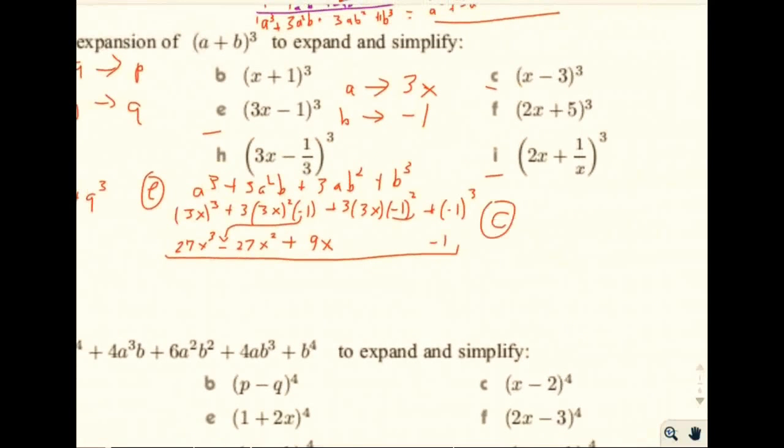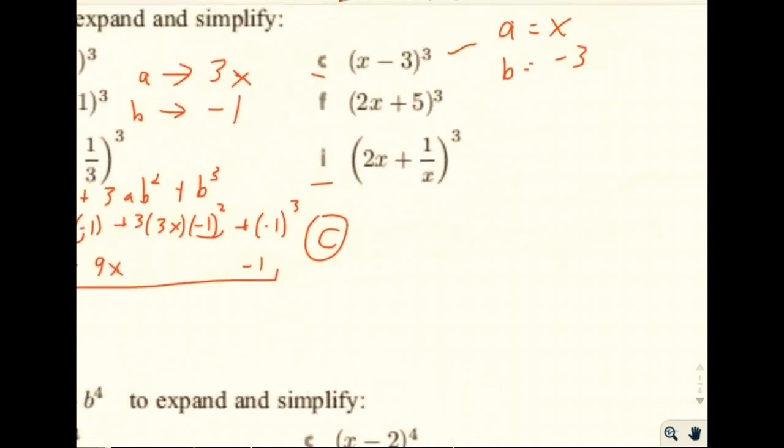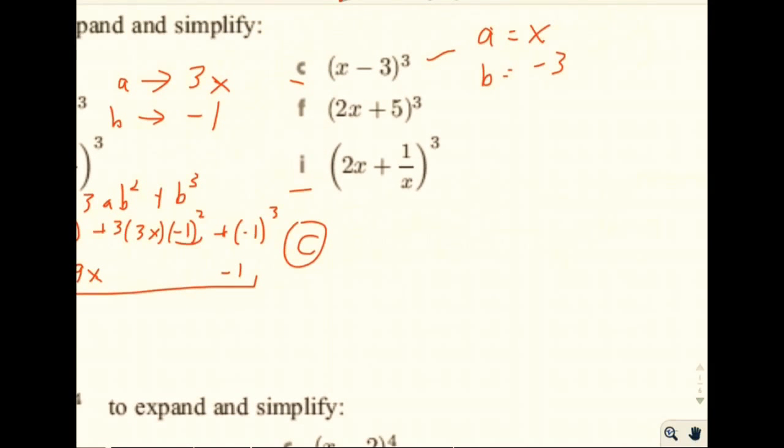What about c? In this case, a would be x and b would be negative 3. So we do the same thing again. We're going to do a cubed plus 3a b squared plus 3a squared b plus b cubed.